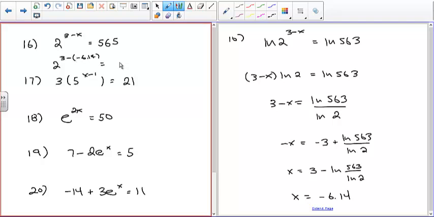So you have a minus times a minus, it's a plus. So 3 plus 6.14, so you get 3 plus 6, which is 9, 9.14. 2 raised to the 9.14 power is, I get 564. So that's close enough.